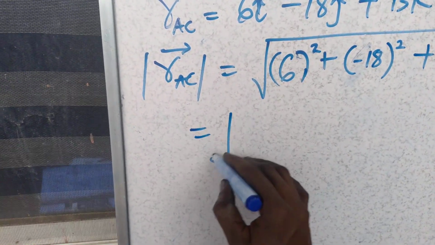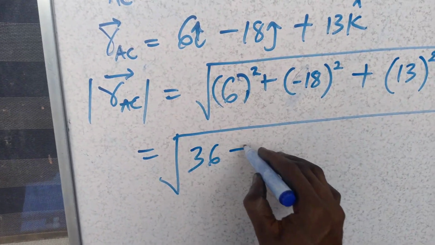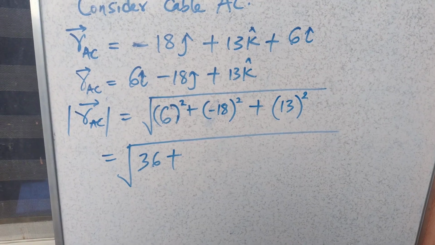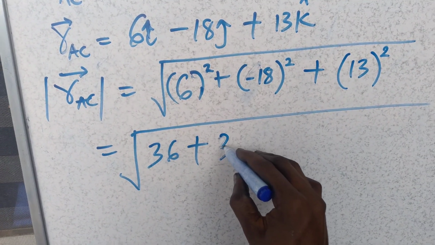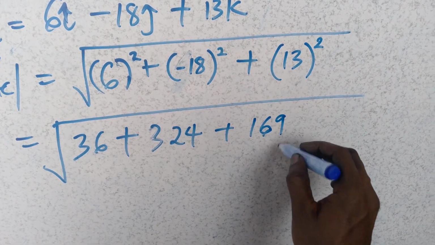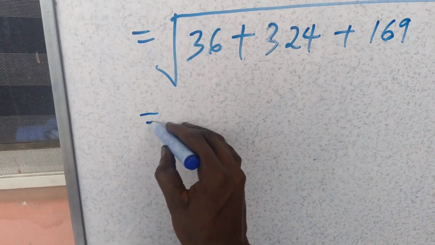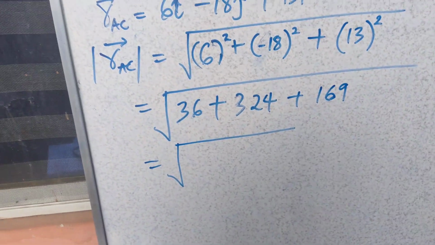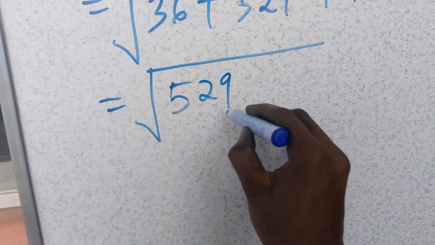That is equal to the square root of 6 squared, which is 36, plus 18 squared, which gives me 324, plus 169. If I add them now, I'll have the square root of 529.